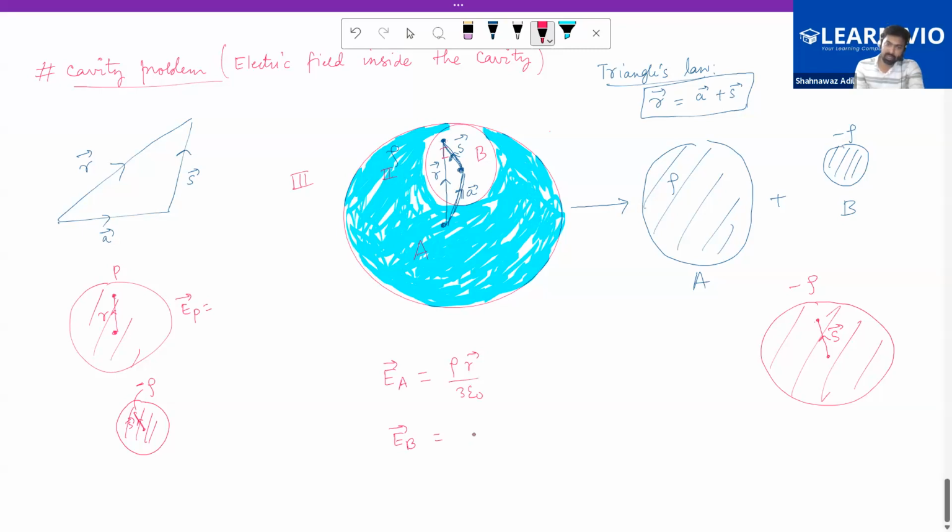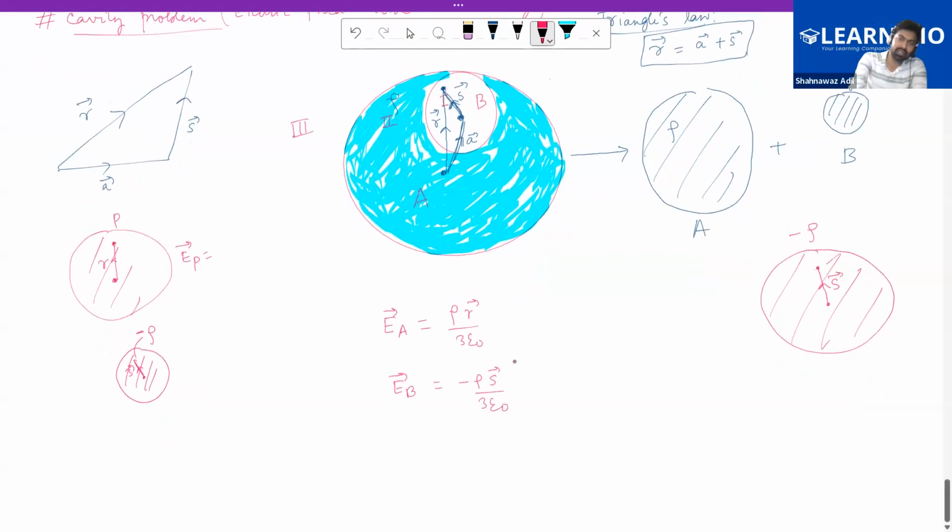That would be minus rho S divided by 3 epsilon naught. Is it correct or incorrect? This one is correct, right?